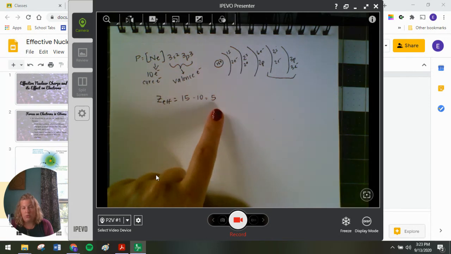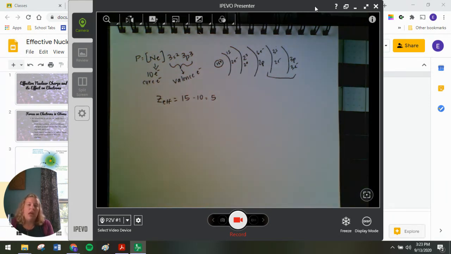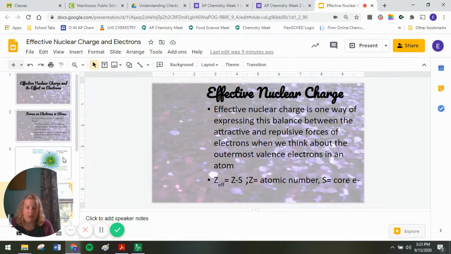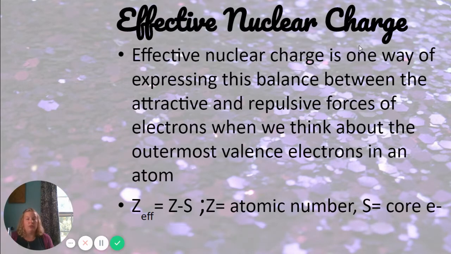What that means for us is that if something has a greater effective nuclear charge, it has a stronger pull from the nucleus than something that has a smaller effective nuclear charge. So if I see something that has an effective nuclear charge of 2, it means that element's nucleus is not pulling as strongly as something with an effective nuclear charge of 6. And we'll get into that in just a second.